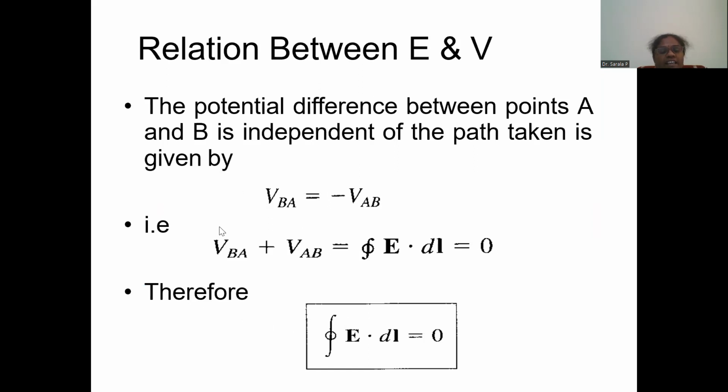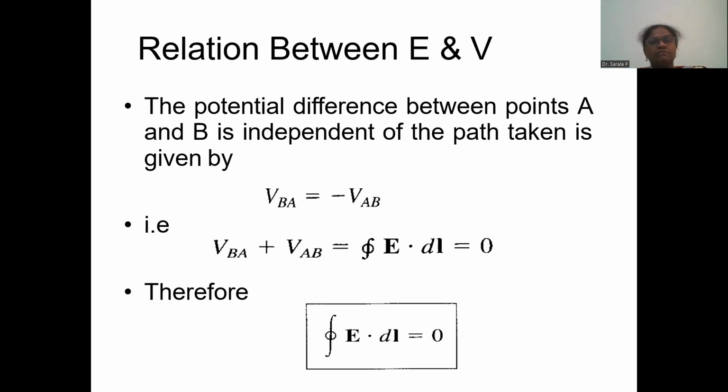So now let us go with the relation between the electric field intensity and the voltage. If we go with the potential difference between the points A to B, the potential difference between the points A to B is independent of the path.